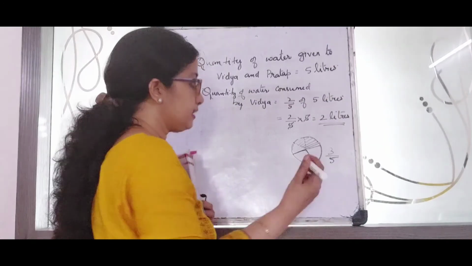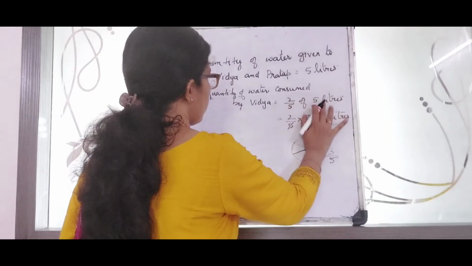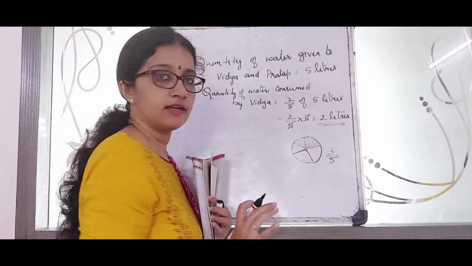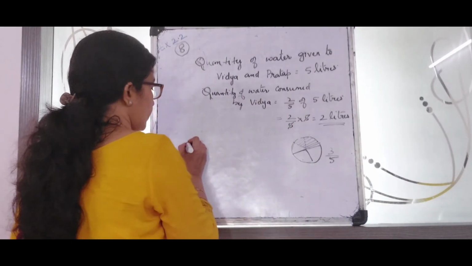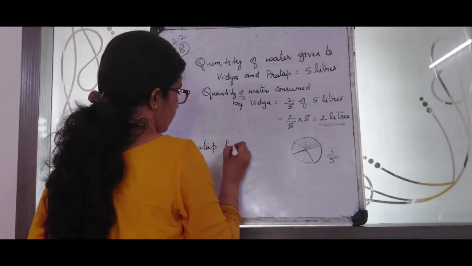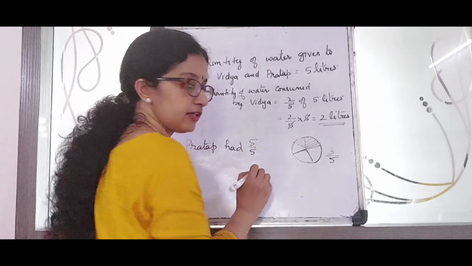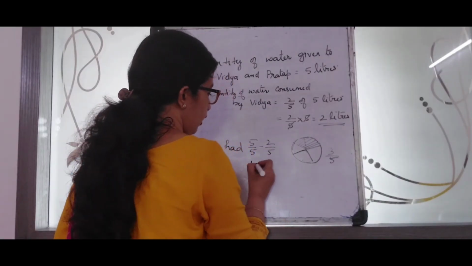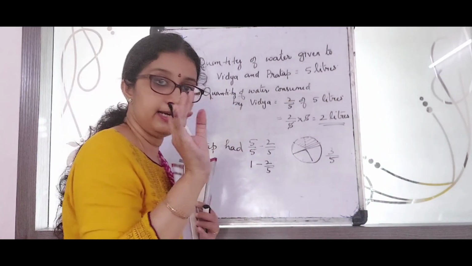Similarly, here instead of pizza they have given water. 5 liters of water is the total quantity. Out of 5 liters, 2 liters Vidya had. So how much fraction will Pratap have? Pratap had 5 by 5, the total quantity, minus 2 by 5, or you can write 1 minus 2 by 5. 1 is the total quantity of water, not 1 liter.